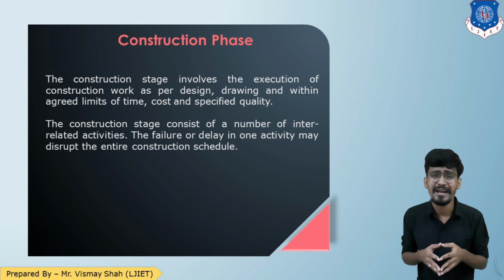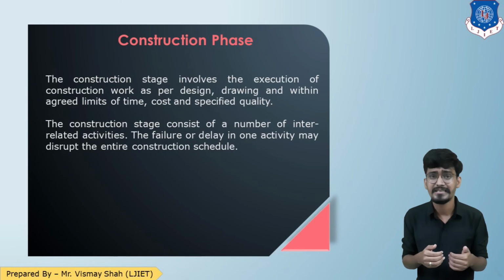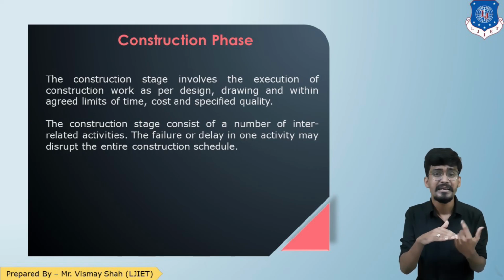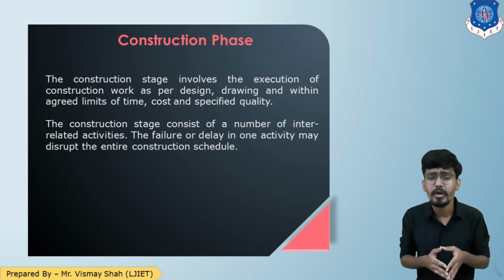For example, the formwork of the slab and the steel cutting are two interrelated activities. While the shuttering is being done, you have to cut the steel for your slab. If it is not done in parallel, and you do it after, you are not going to complete the work within the time. I hope you are getting my point. So that is your construction stage.